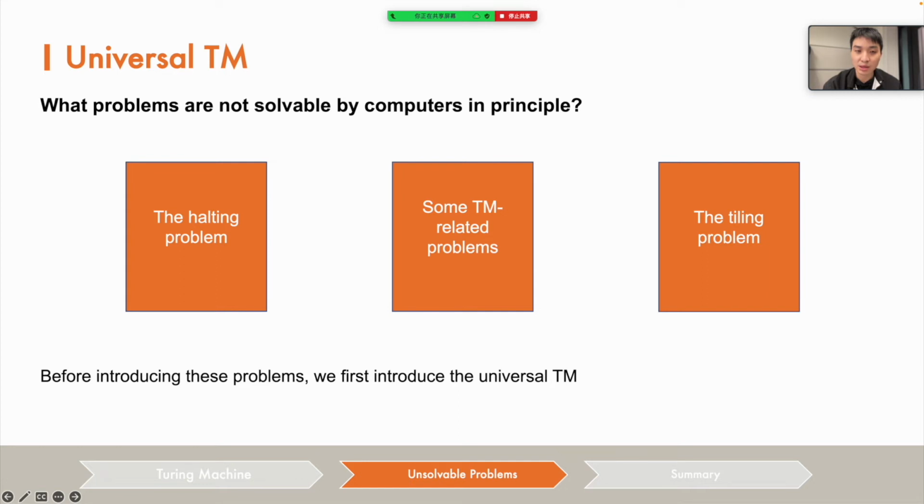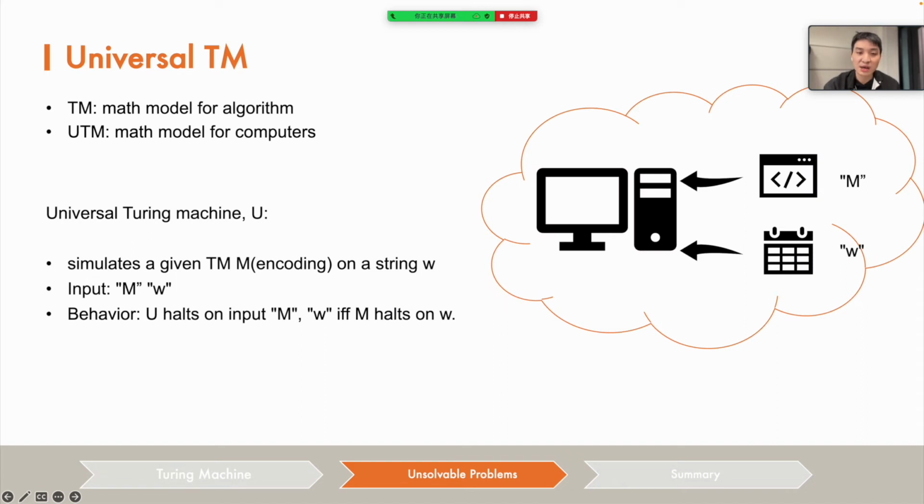Before introducing these problems, we first introduce the universal Turing machine. First, we can understand universal Turing machine in this way. Turing machine is the math model for the algorithm, and the universal Turing machine is the math model for computers. A universal Turing machine U simulates a given Turing machine M on the string omega.